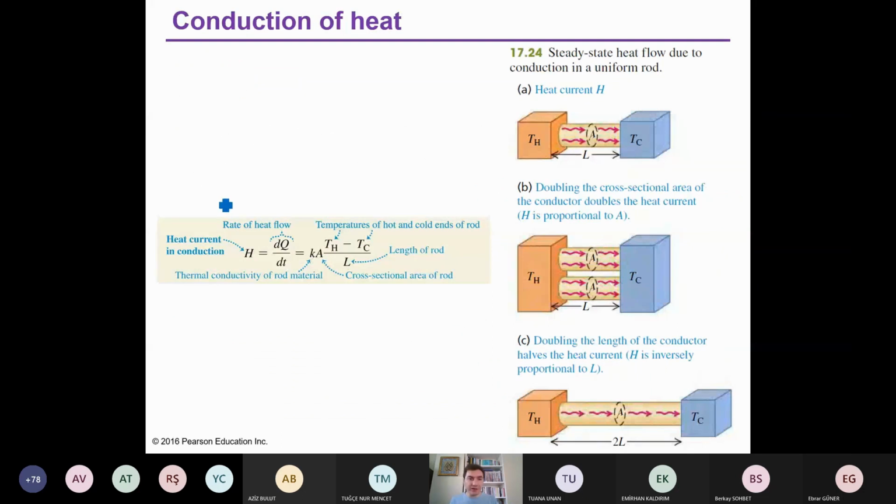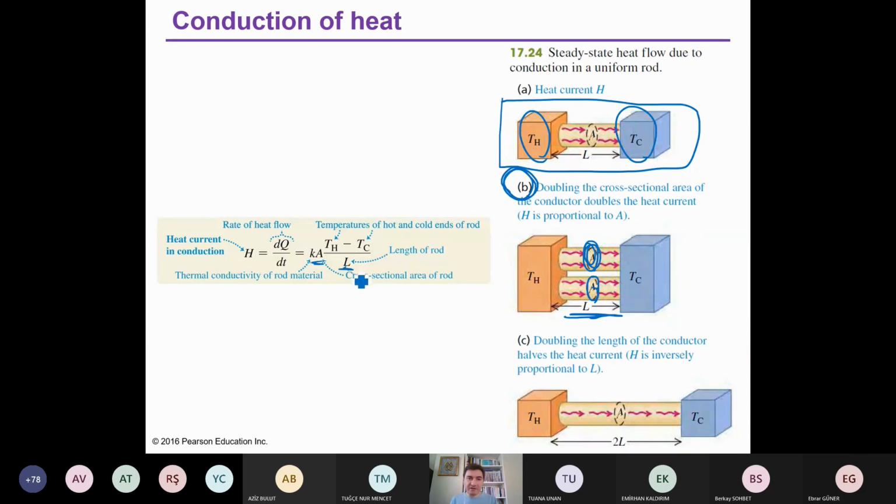So now look at this equation. Here we have area and here we have length. We have discussed this in the previous transparency, heat current H from the hot object to the cold object. And here in figure B, we have two rods with the same cross section and same length, okay? What about the heat current?